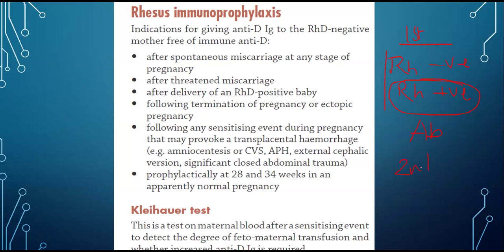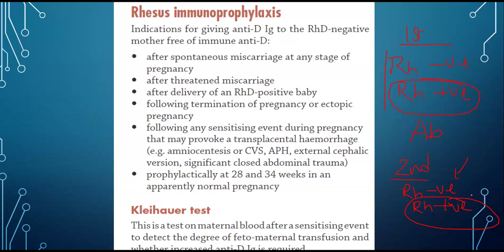Okay. So the second time the mother gets pregnant, still RH negative, and the baby is again RH positive. Now this time the mother has an antibody against the baby's blood. So if somehow again there is feto-maternal transfusion, the blood goes from mother to baby. So what will happen?